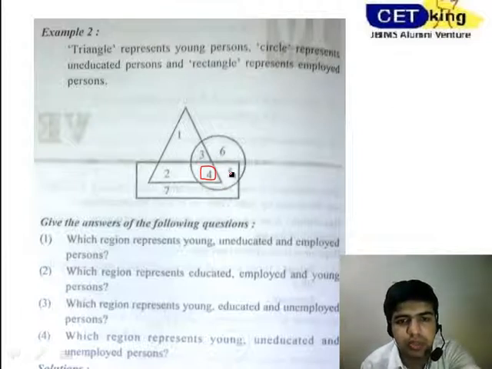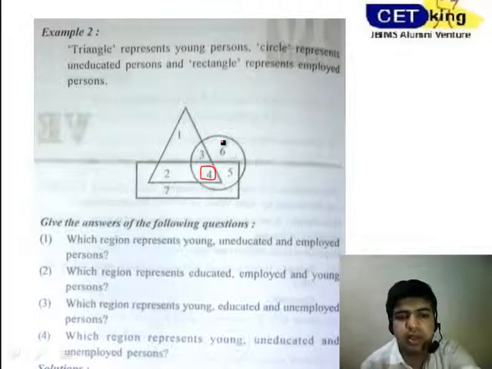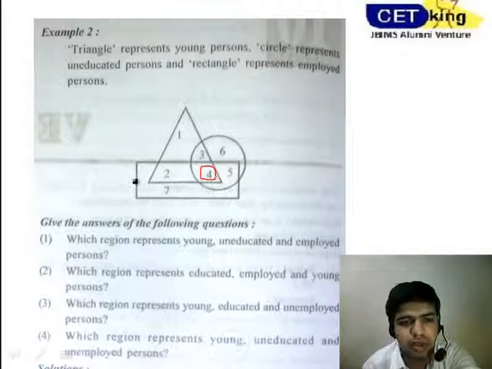So it makes them either 5 or 6. And then the rectangle: we've been told that they are unemployed, so they have to fall outside the rectangle. So it has to be 6. So by such reasoning, by elimination and all that, we can find the region. So this is the example. Try to solve all the 4 examples by pausing the video.